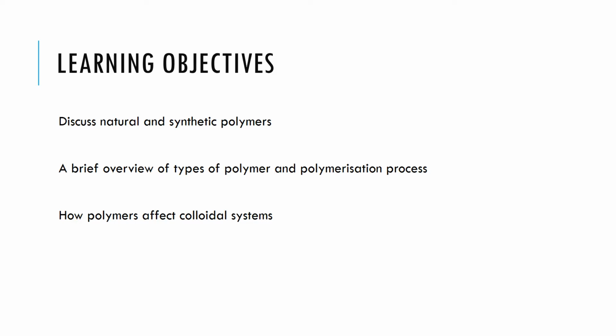So polymers are very important substances. They're very important in industry. I mean, you think about how often you make use of polymeric substances. Indeed, every time you use something that is plastic, you are making use of a polymer.